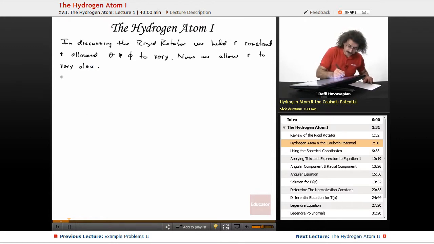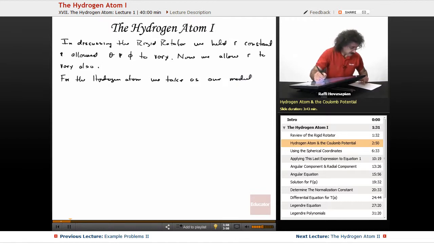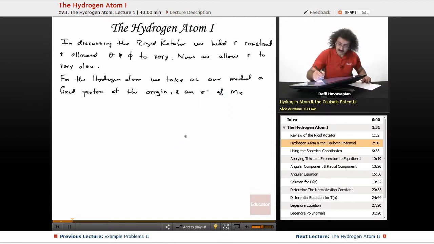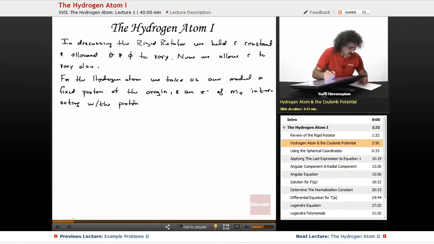Now for the hydrogen atom, we take as our model a fixed proton in the center, a fixed proton at the origin, so that'll be our zero position, and an electron of mass m sub e interacting with the proton via the Coulombic potential.